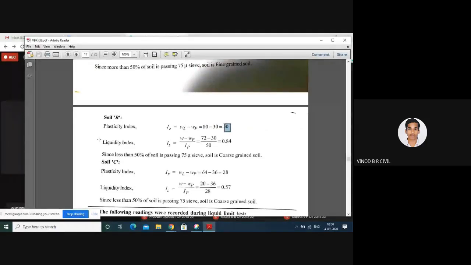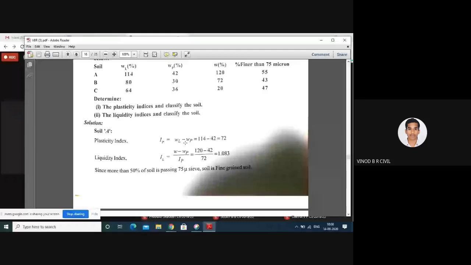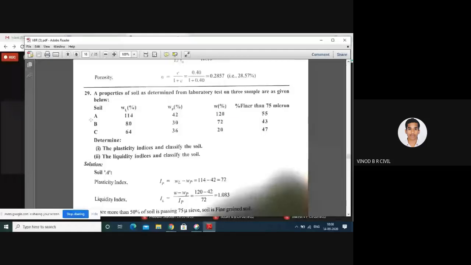Next one is the liquidity index. Liquidity index, denoted by IL, equals water content W given in the problem. For soil B, they gave liquid limit, plastic limit, water content, and the percentage finer.